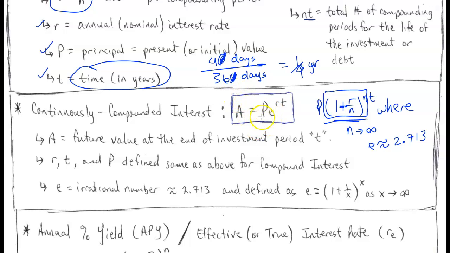The A is still the future value of the investment at the end of time period T. R, T, and P are pretty much defined the same, and of course e is that irrational number that's approximately equal to 2.713. And here, I've looked at it differently, but essentially this is what e is defined to be.